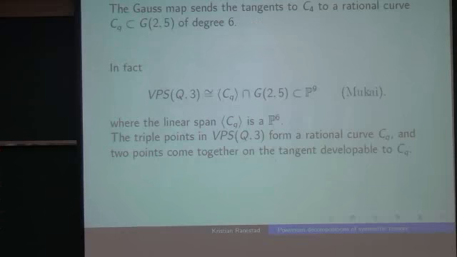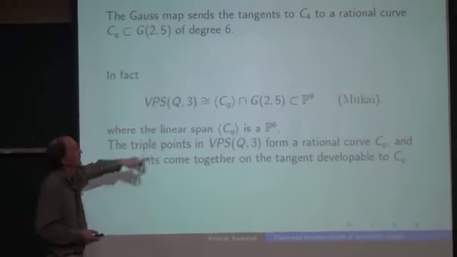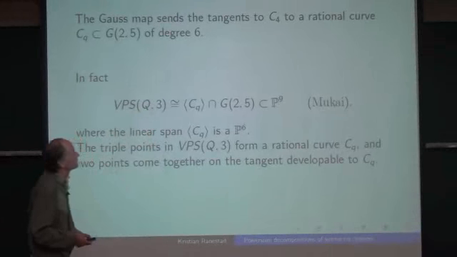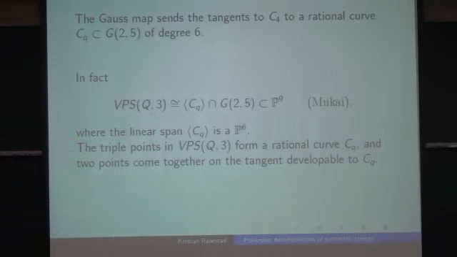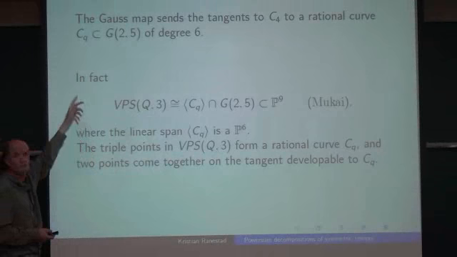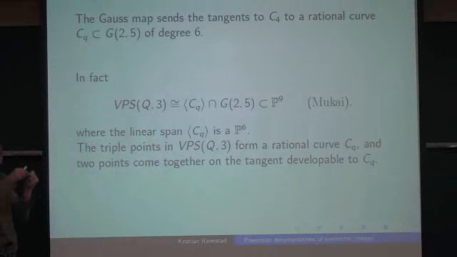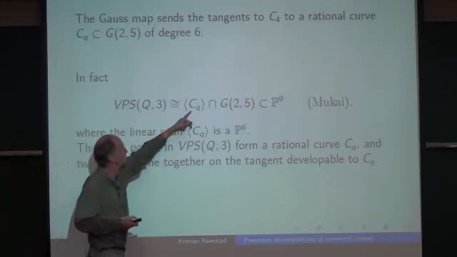And in the Grassmannian, those tangent lines to the rational curve, to the curve C4, they are, like a Gauss map, you have a curve in P4 and every point is mapped to its tangent line as a point in the Grassmannian. That's the Gauss map. So the image of this Gauss map is this C cube.